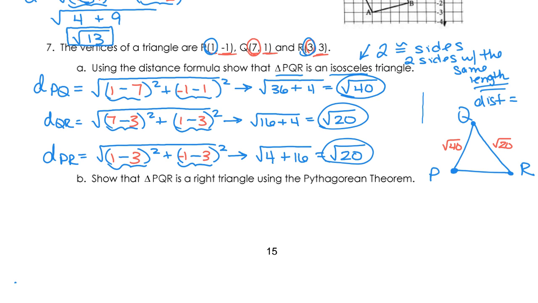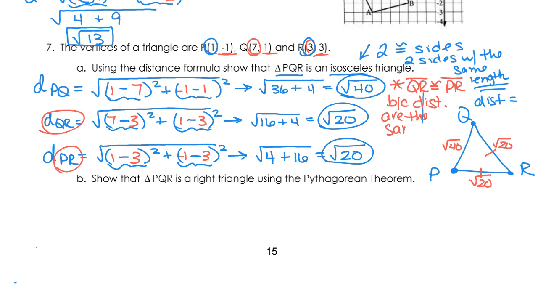And so that's good news, because now I have QR and PR being the same length, and I just showed you that this triangle is isosceles. Okay, so just to show and write a little bit, which is what we would normally have to do, we're going to say that QR is congruent to PR because their distances are the same.